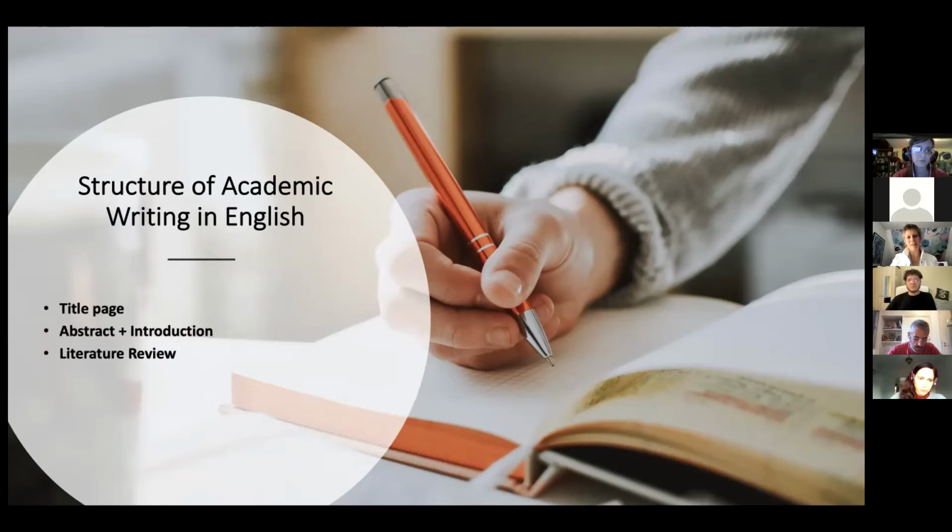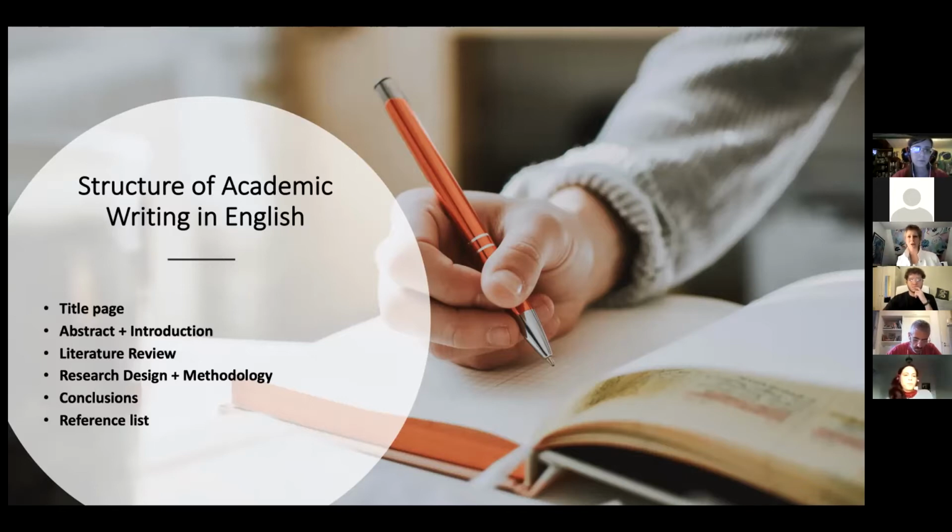So often the structure is that you might have something like a title page. You might then have your abstract or your introduction. After that, you might have a literature review. You might then have the research design and methodology as part of your paper.